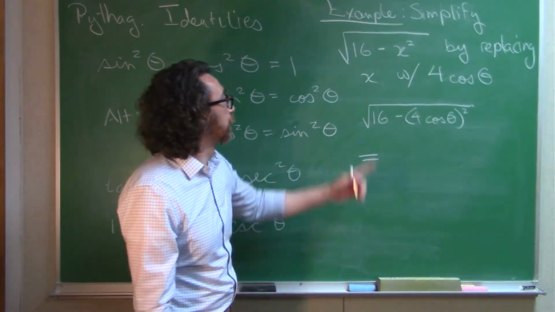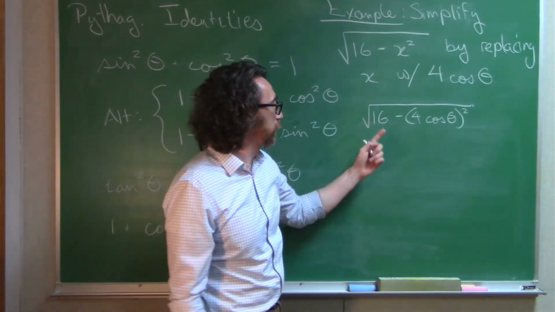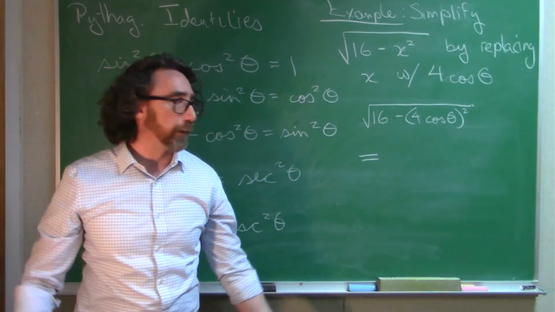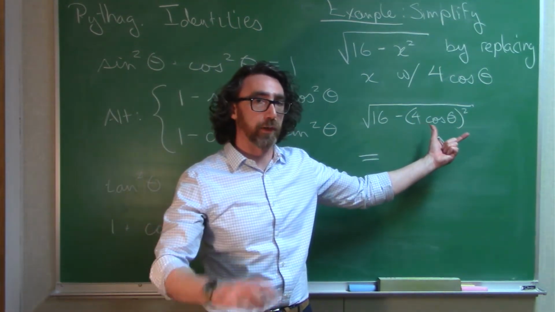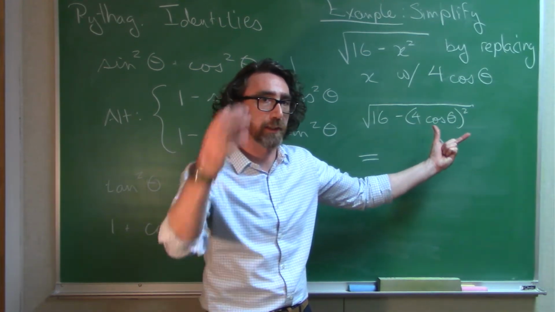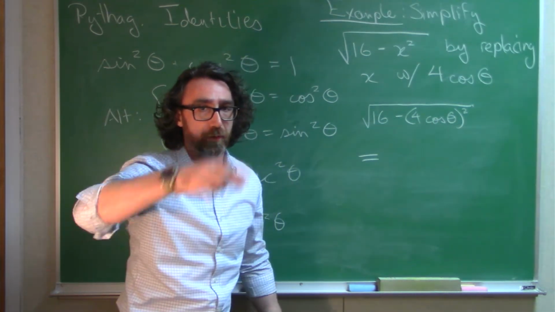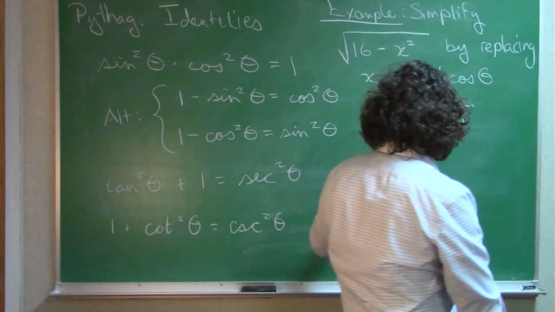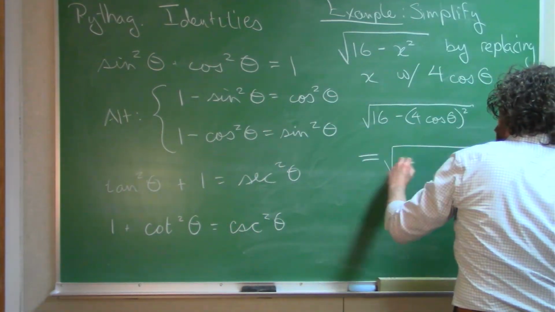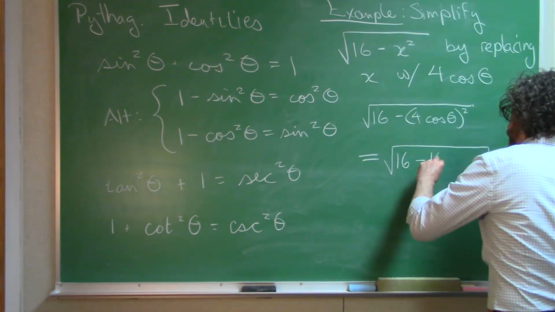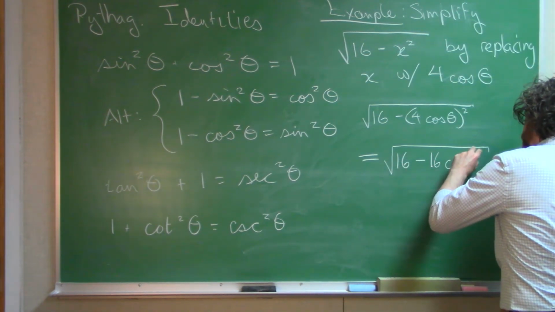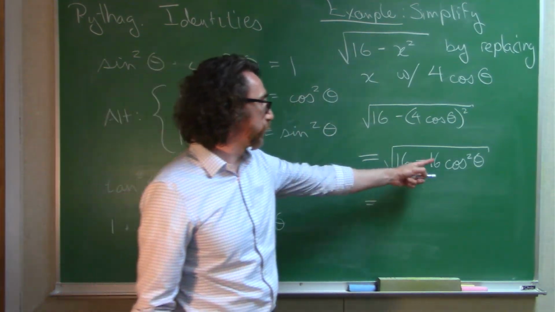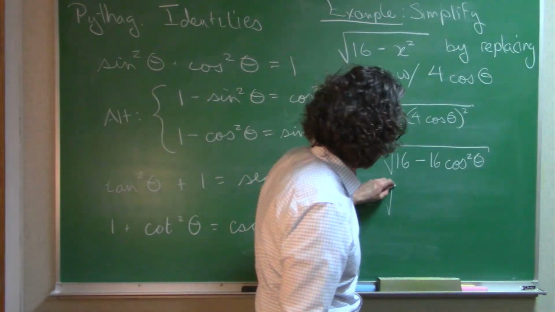Instead of 16 minus x squared, I got 16 minus (4 cosine theta) squared. Now, parentheses are kind of important here. I'm taking 4 cosine theta times itself, 4 cosine theta times 4 cosine theta. The two factors of 4 multiplied together give me a 16 cosine squared theta.